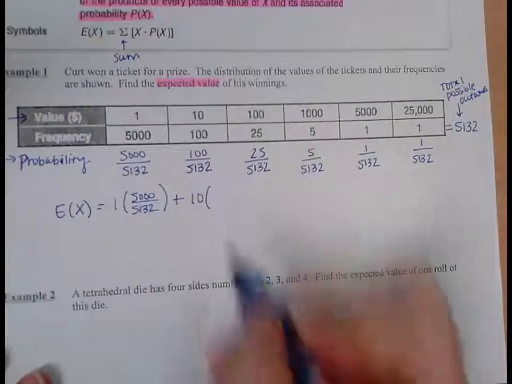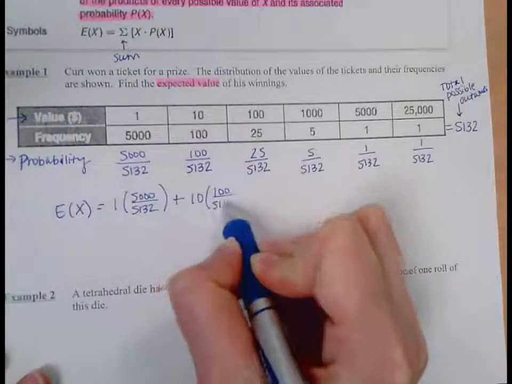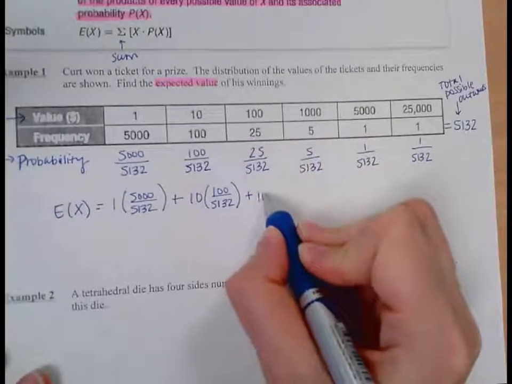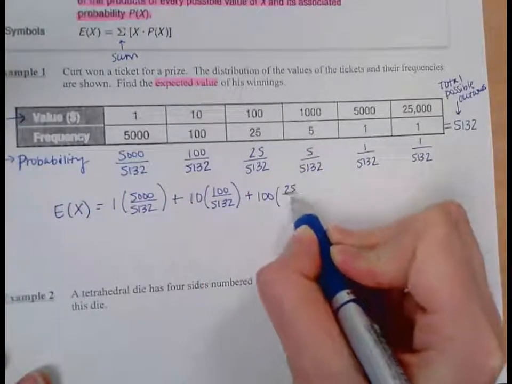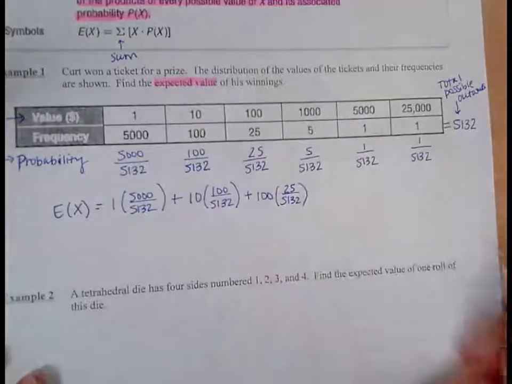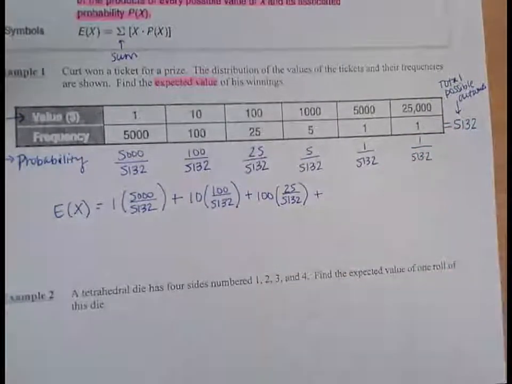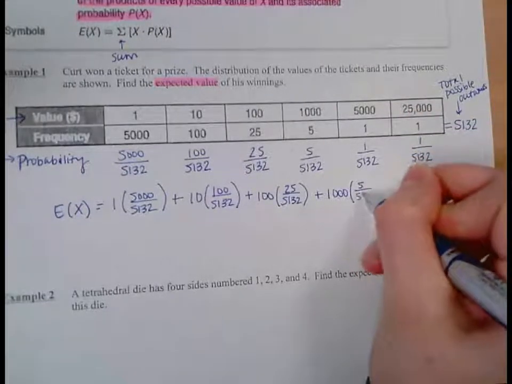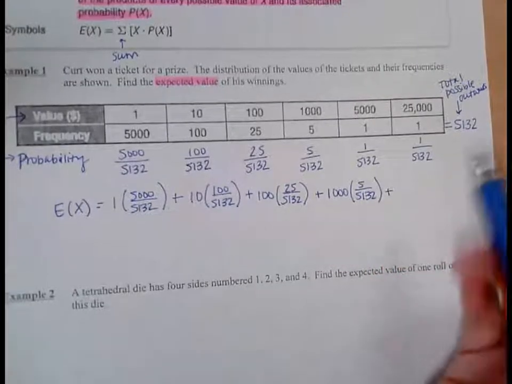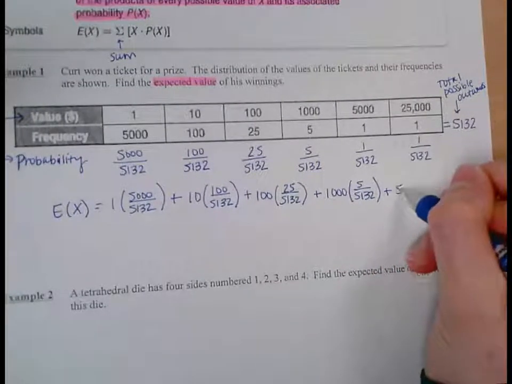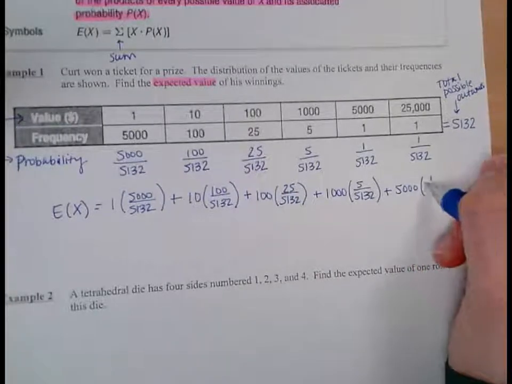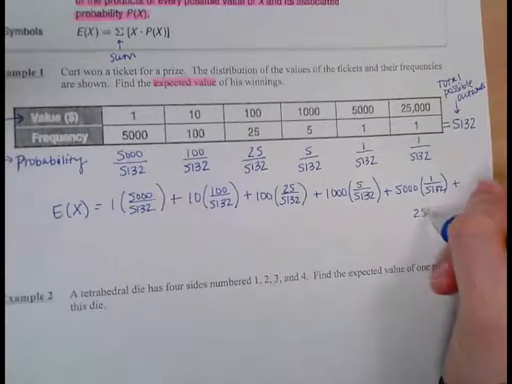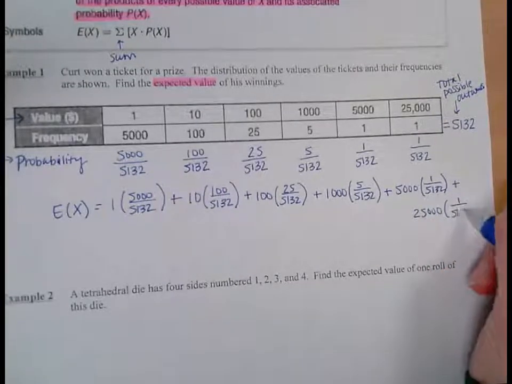$10 multiplied by its probability of 100 over 5,132, plus for $100, I multiply 100 by its probability, 25 over 5,132, plus to win $1,000, multiply that by its probability, 5 over 5,132, and then same thing for 5,000 and 25,000, 5,000 times 1 over 5,132, and then 25,000 times 1 over 5,132.